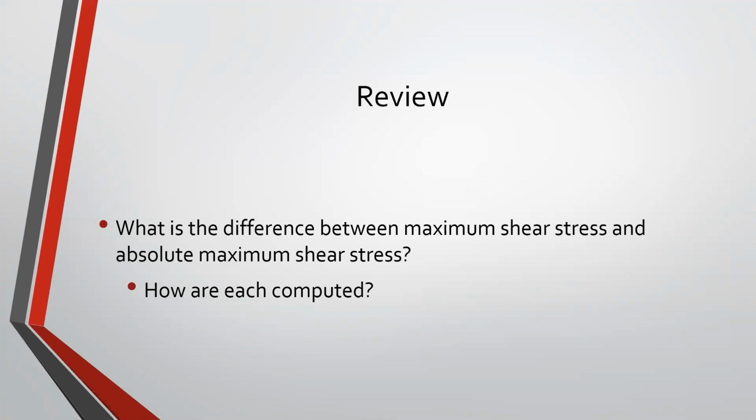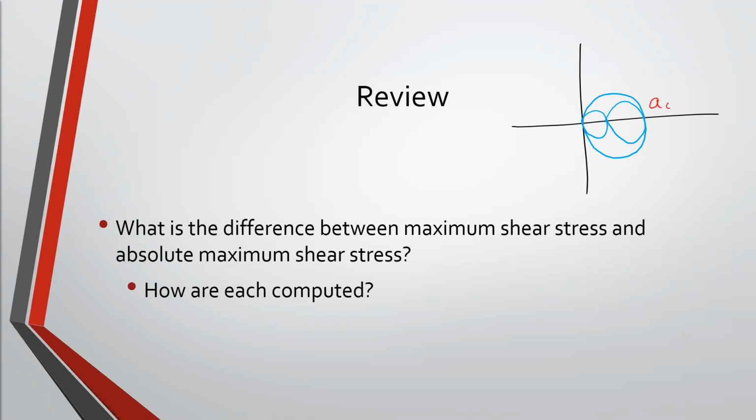So when we have, let's say we have our Mohr circles, and let's say they look like this. Sigma A is going to be the biggest of these principal stresses. Sigma B will be the middle, and sigma C will be the smallest.